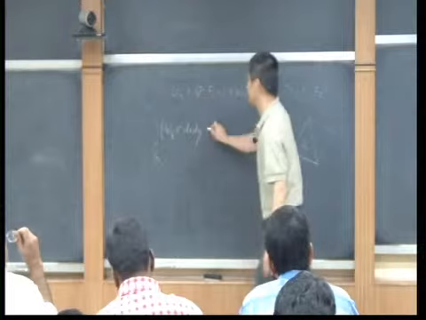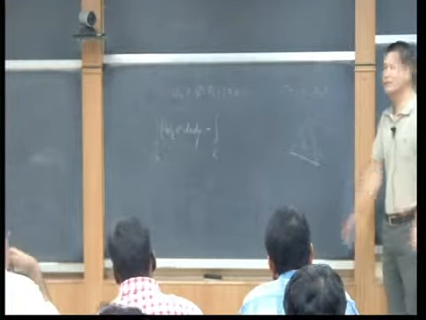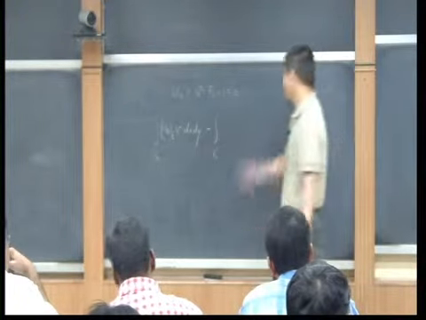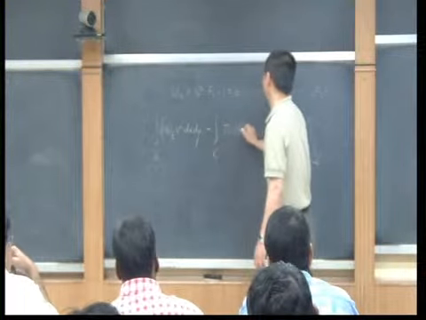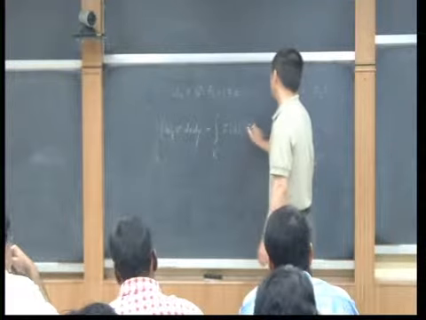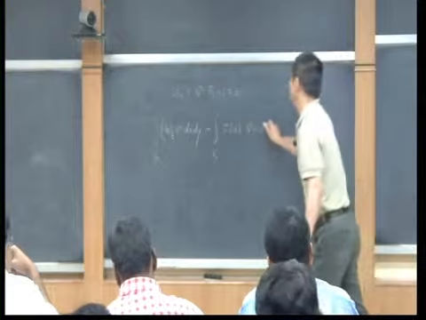This term you also do integration by parts. Integration by parts in 2D is called the divergence theorem, or Green's formula. So you would have the integral of f(u) times the gradient of v, dx dy.